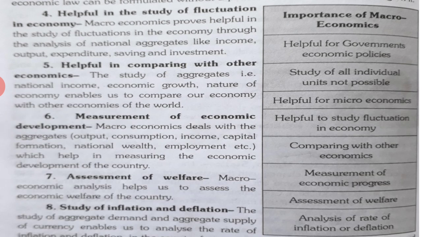And the last point is the study of inflation and deflation. So inflation and deflation are the two states of an economy of any nation which come into existence due to the interaction of the forces of demand and supply. So every time I say these two are the pillars of an economy.